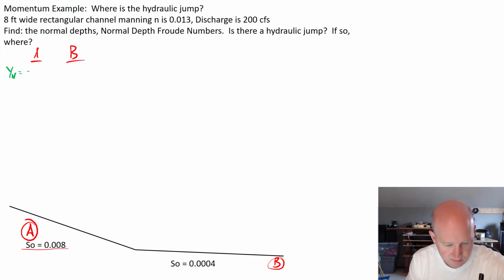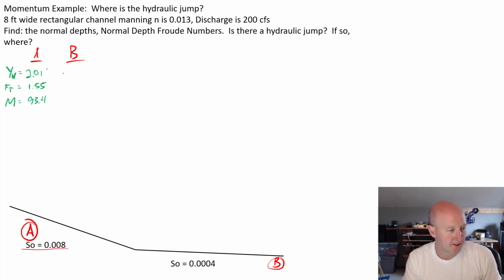For section A, that's 2.01 feet. The Froude number, we won't need to work the problem, but let's write it down. It's going to remind us that it's a steep slope, supercritical. The specific force, I'm going to call it momentum, is 93.4.